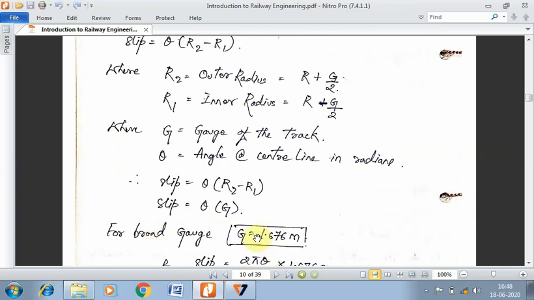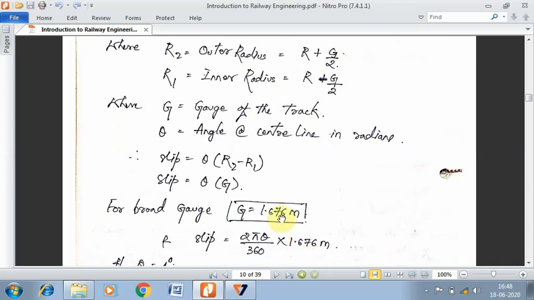For example, in case we are trying to find out the slip for a broad gauge track, as I told you, the gauge is 1.676 meters. It is either considered as 1.676 or it can be taken as 1.7 meters as well. Now, since theta is in radians, the slip will be equal to 2 pi theta divided by 360 multiplied by the gauge.